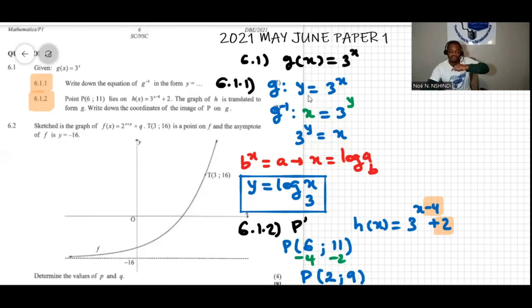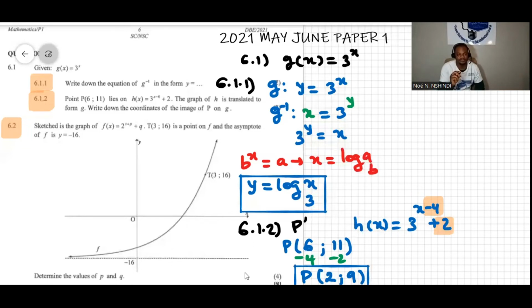If we need to find the translation of the same point P on g, we're going to do the opposite of what is here. We shift the point 4 units to the left, and then 2 units down. So we got P equal to (2, 9).